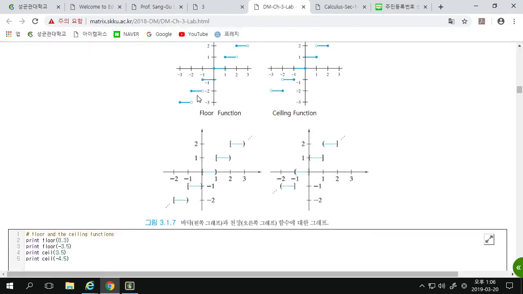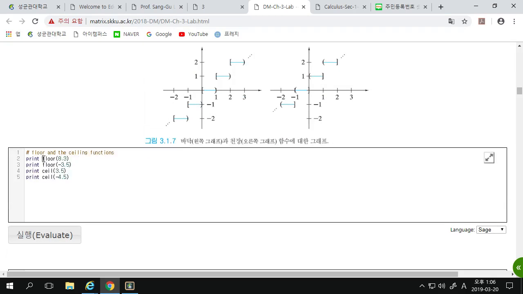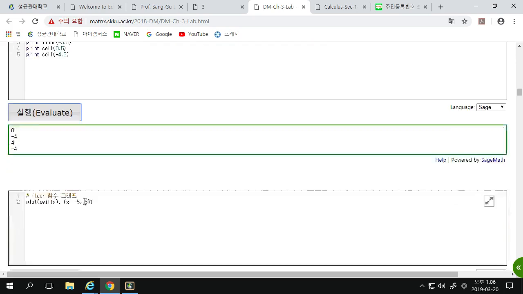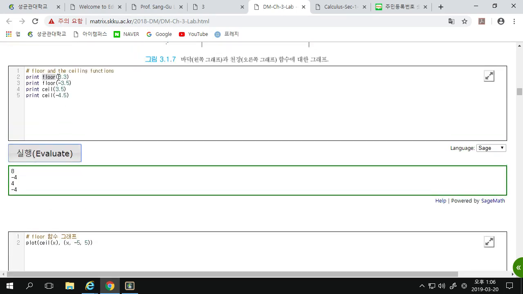You can mark this as empty, or you can use parenthesis. If I draw the floor function and ceiling function, the floor function of 8.3 is 8, and the ceiling function of 3.5 is 4.